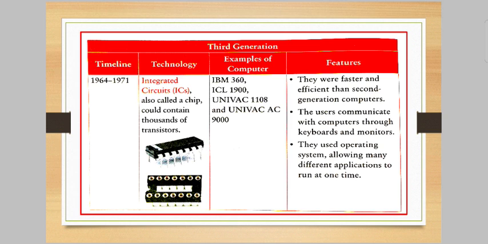That means the main thing about the third generation computer is that it first used the integrated circuit, or IC. An IC is also called a chip, could contain thousands of transistors, and they were faster and more efficient than second generation computers. They also used an operating system.